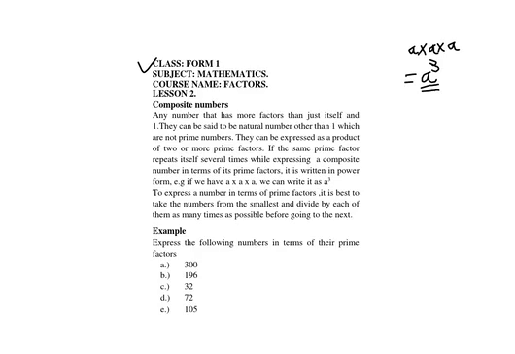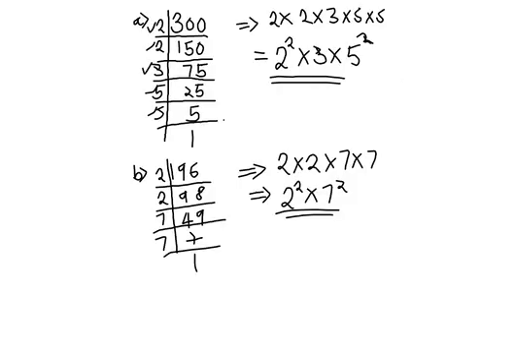Part C, we have 32. So 32, in terms of its prime factors, we start with the smallest prime factor, which is 2, which gives us 16. Divide by 2 gives us 8. We divide by 2, and this gives us 4.